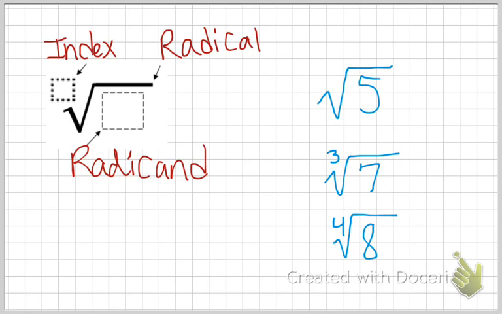Cube means 3. Root is another word for radical. Fourth root of 8. So why did I say squared and you don't see a 2 here? That's because usually when we work with the square root, you're never going to see a 2 there, but you should know that there is a little invisible 2 there.